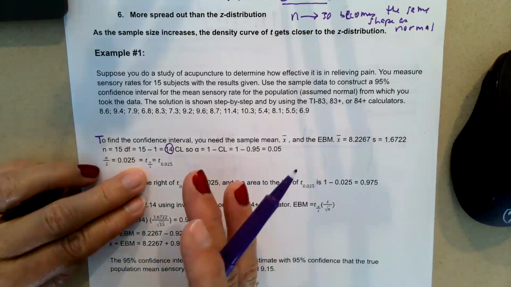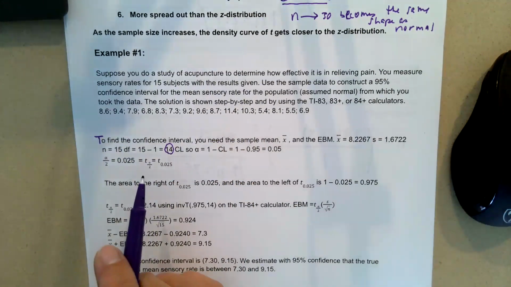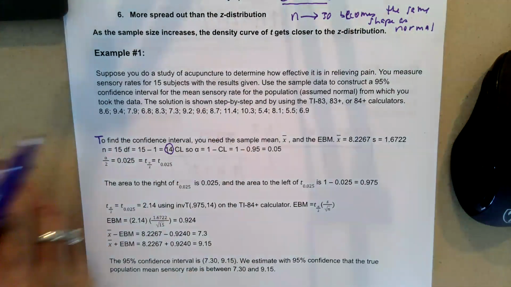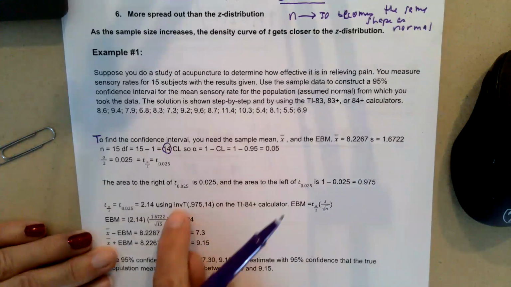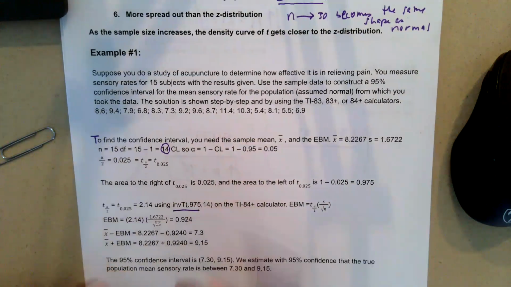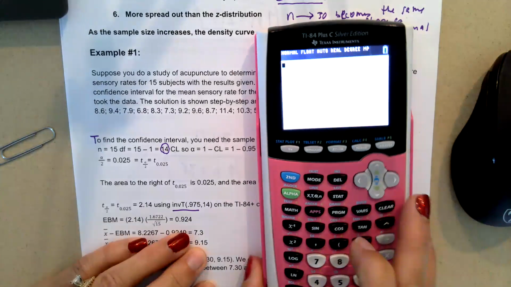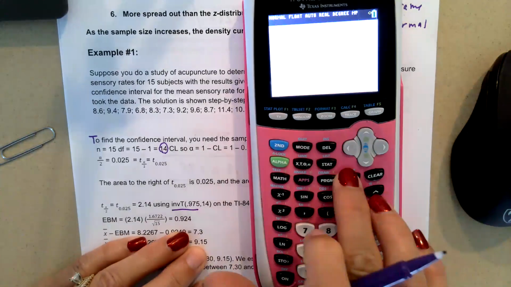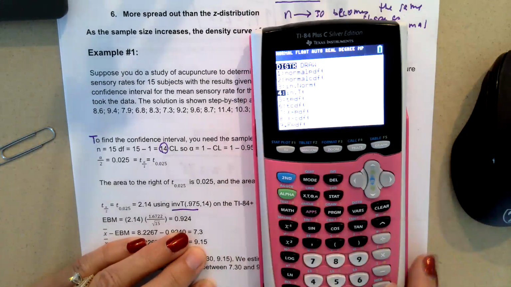In 8.1, we used the critical Z; now we're using the critical T. To do that, we can use our TI-84 similar to what we did in 8.1, using inverse T. I'll show you that. We go to second, inverse, and you choose inverse T instead of inverse norm.